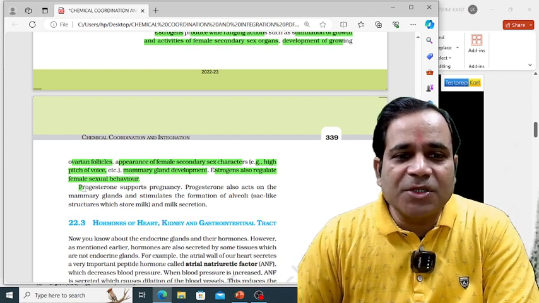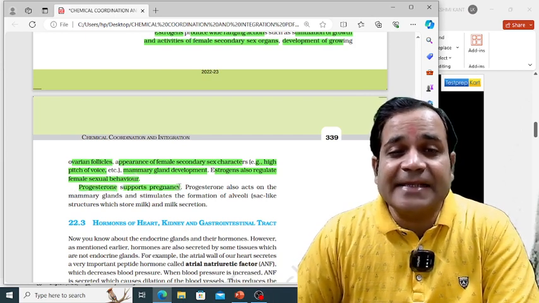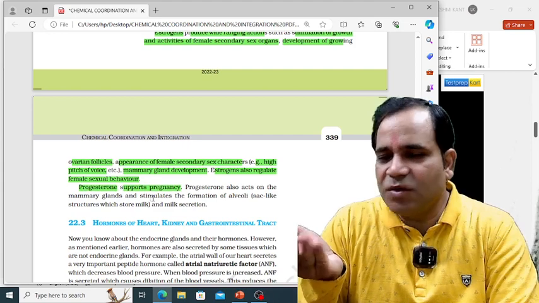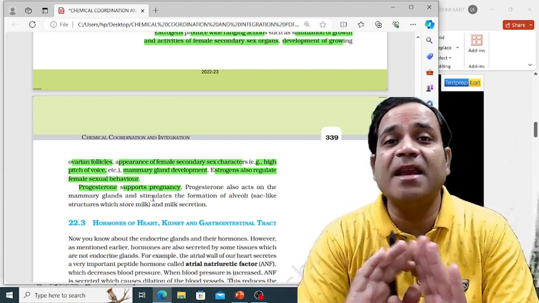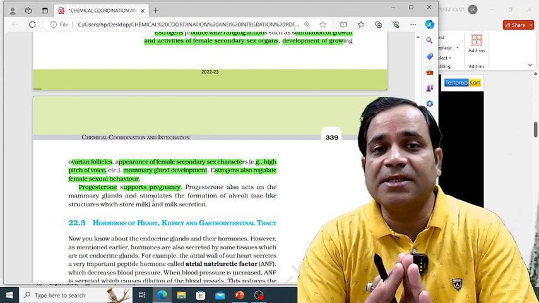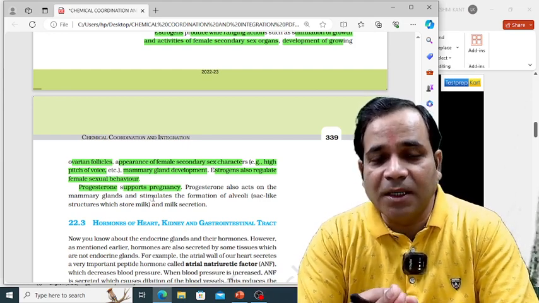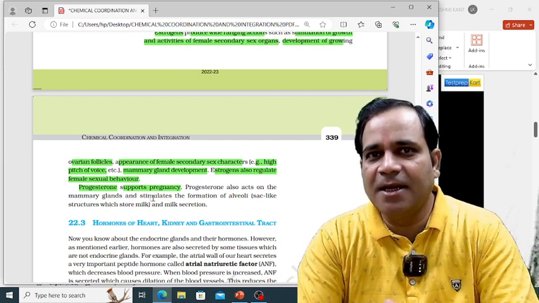So see, progesterone supports pregnancy. If the progesterone level increases, it makes the uterus, the endometrium wall, stay to hold the developed fetus.